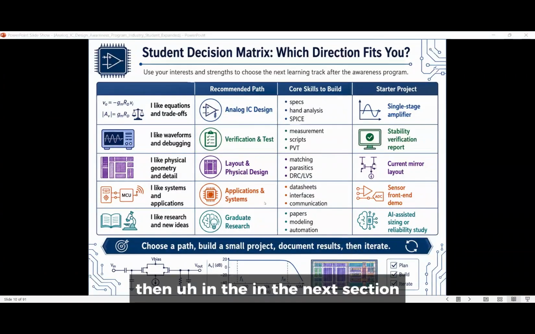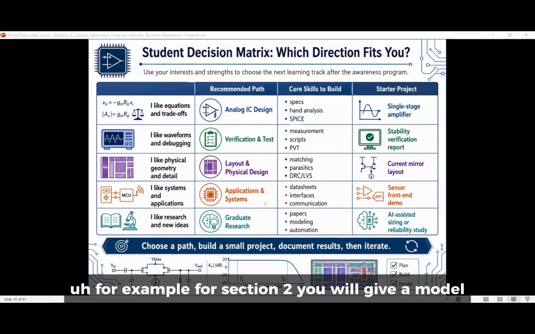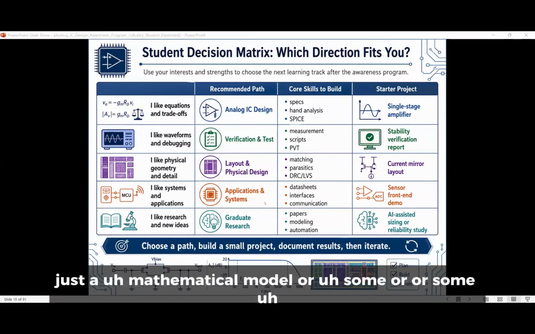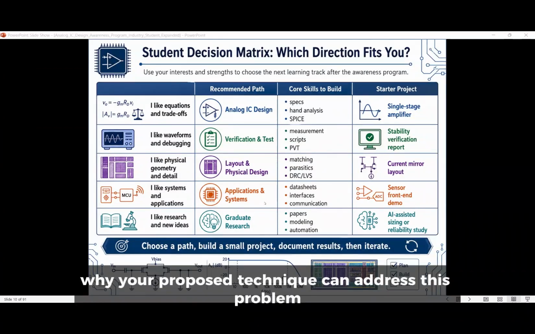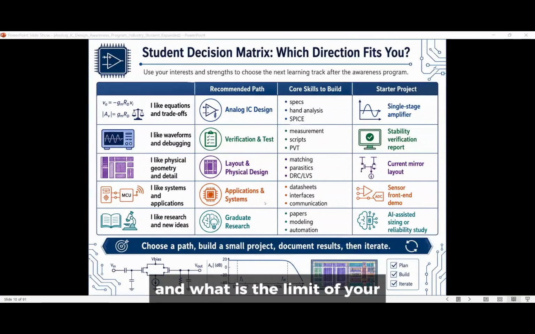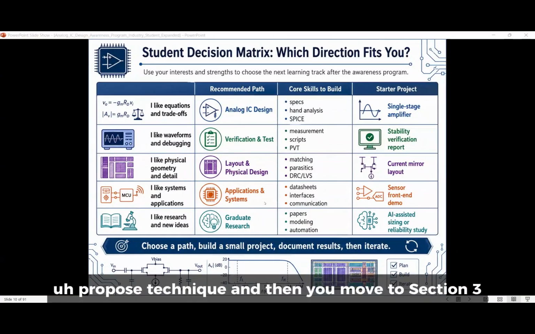Then in the next sections, section 2 and section 3, for example, for section 2, you give a model, not a circuit, just a mathematical model or some conceptualized model to describe why your proposed technique can address this problem and what is the limit of your proposed technique.